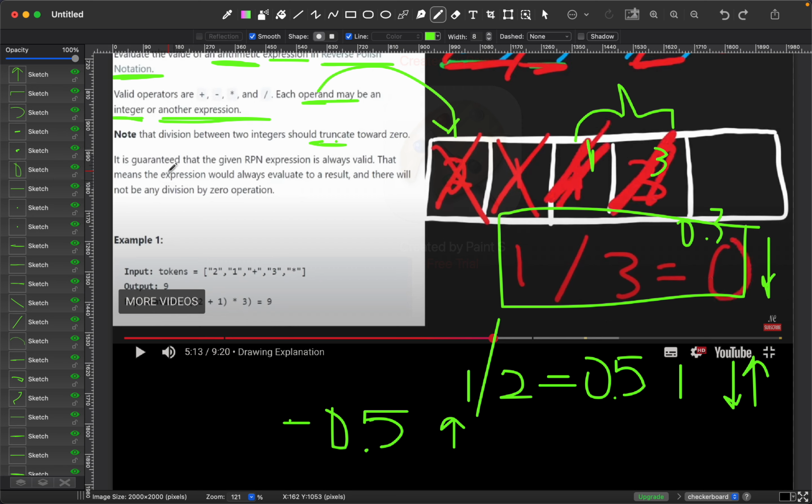It is guaranteed that the given RPN expression is always valid. That means the expression would always evaluate to a result. So we are guaranteed to have a result.